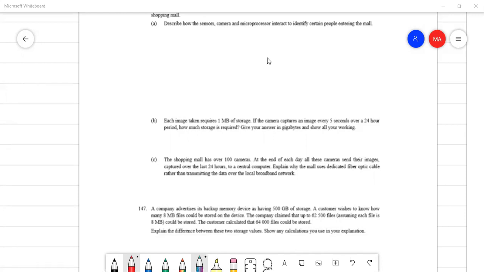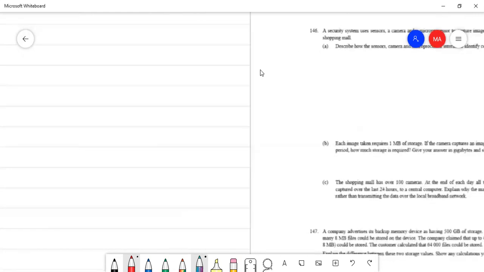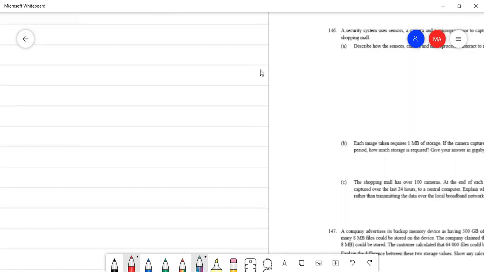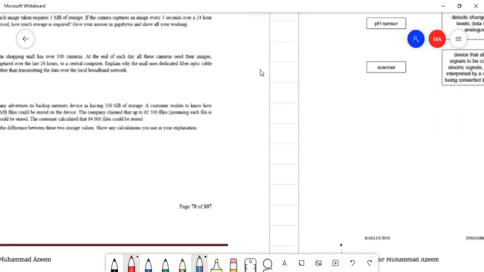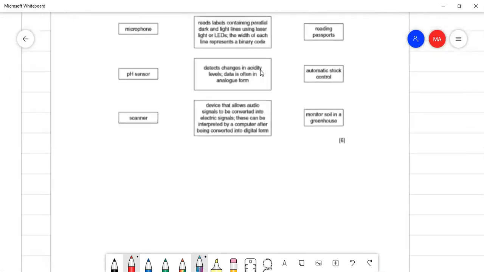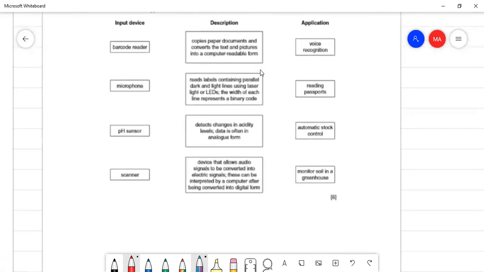So it is used to check the level. Now, how might the examiner ask a question which is related to sensors? Let's see this one question.